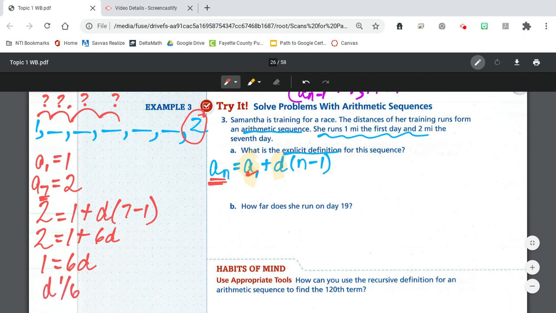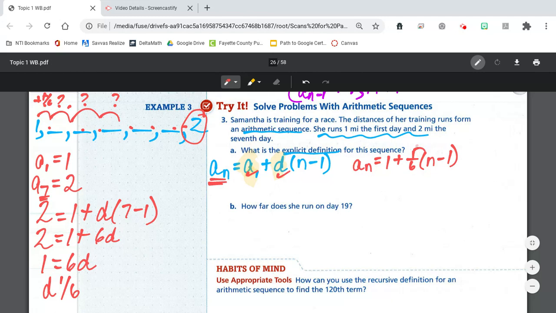Now, I could have also figured that out from looking at the pattern and say, okay, if I try plus 1/6, that will get me enough to get to 2 by the 7th term. So I'll take all of that information, substitute it in for A1 and d, and I'll get the formula for the sequence to be A sub n equals the first term 1 plus 1 over 6 times n minus 1. And then I need to simplify that.